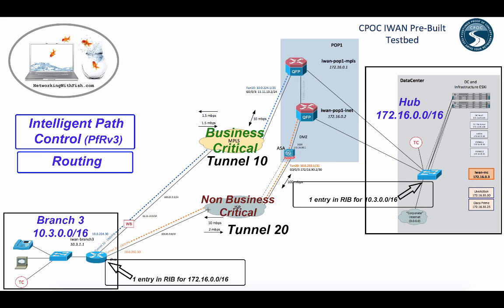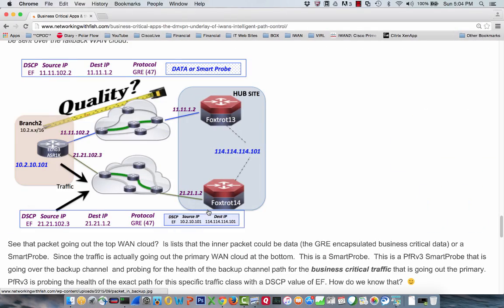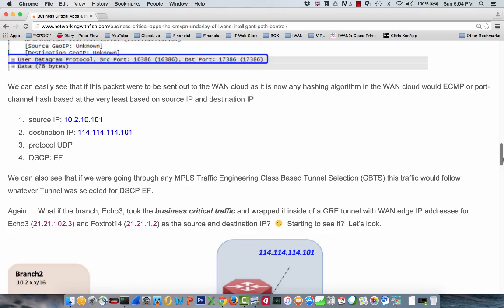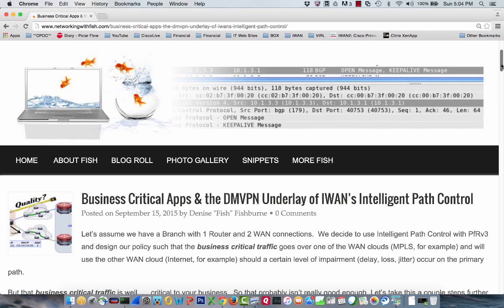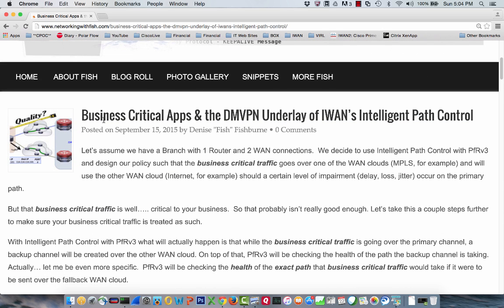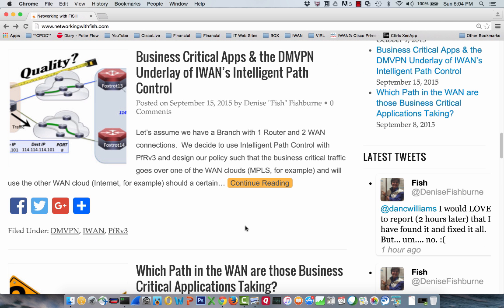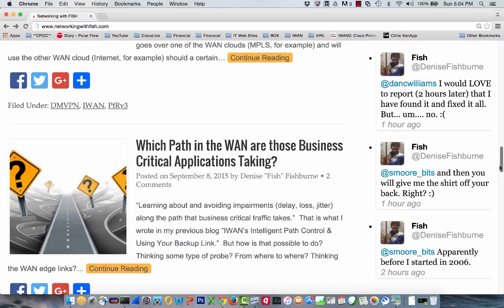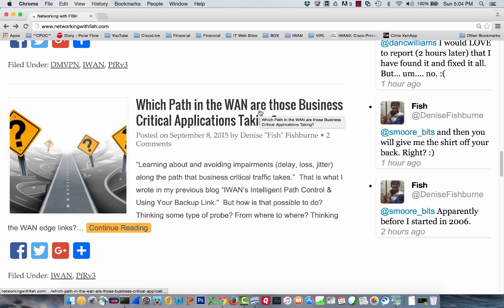If you are wondering again about why DMVPN, I will suggest that you go to Networking with Fish and look at the Business Critical Apps section. You may also want to go back one blog to which path in the WAN those business critical applications are taking. And that will help you understand why DMVPN.